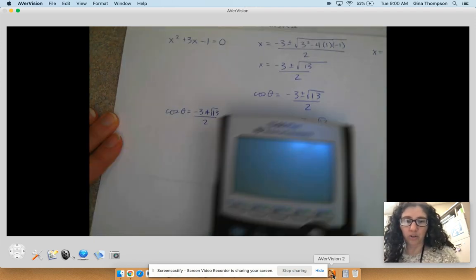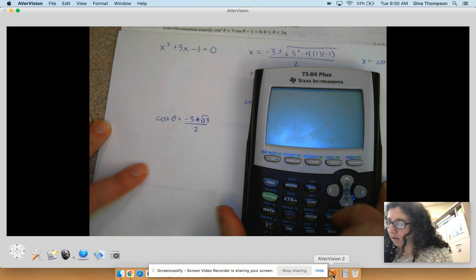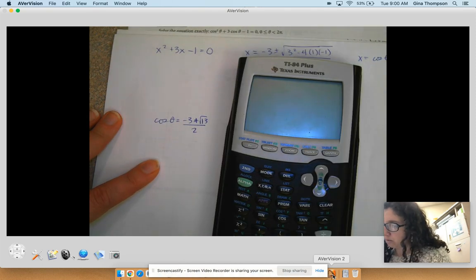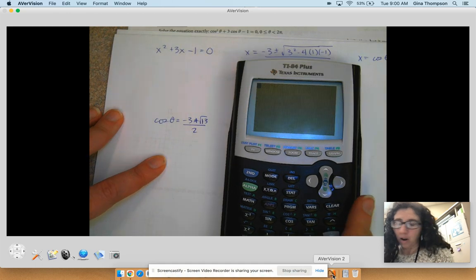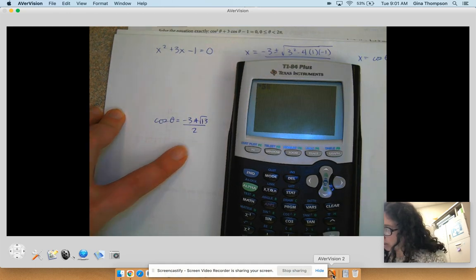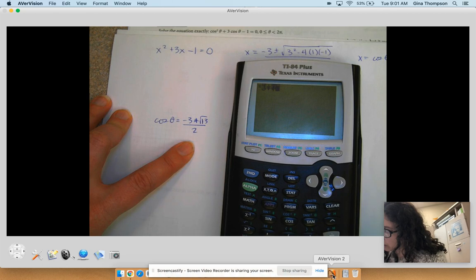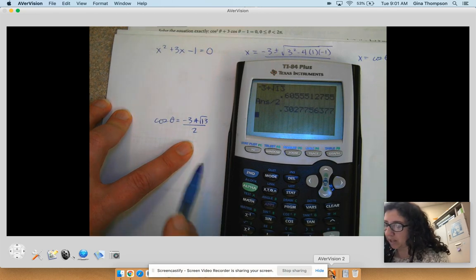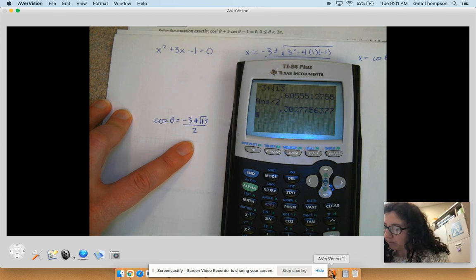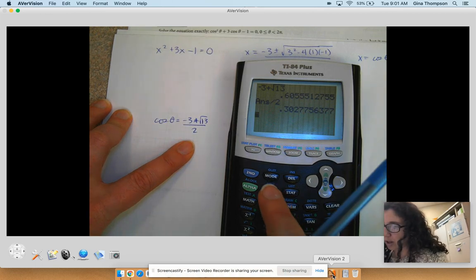Let's do this left one. All right, I'm going to say minus 3 plus the square root of 13, divided by 2, gives me this. Okay, so now I'm going to find the inverse cosine.